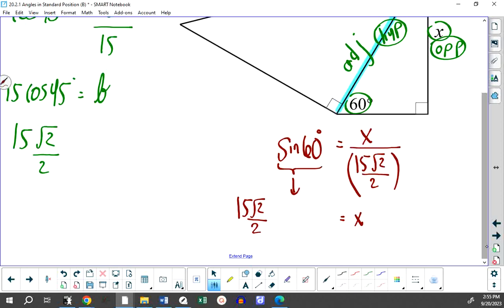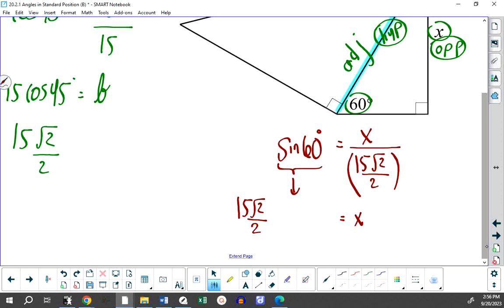Well, what's sine of 60? Figure it out. Go to the triangle that has the 60-degree angle in it and look at the opposite and the hypotenuse, because sine is opposite over hypotenuse. Root 3 over 2. I mean, sooner or later, everybody, you're going to know sine of 60 is root 3 over 2.